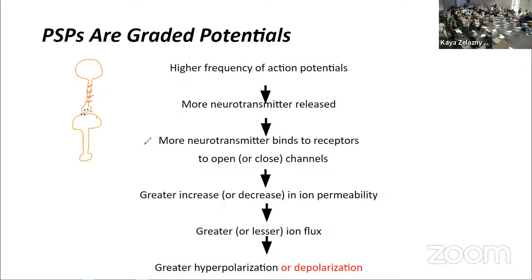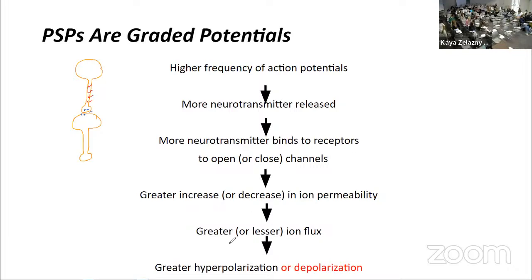Okay. So they are either increasing the permeability of that membrane to the ion that's opened a channel. So if we open a sodium channel, we say we increase the permeability of that membrane to sodium. If we close a potassium channel, we've decreased the permeability of that membrane to potassium, right?